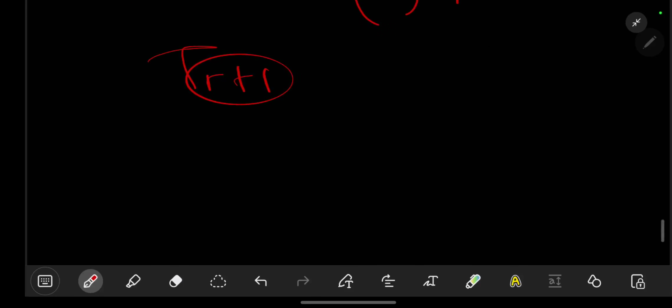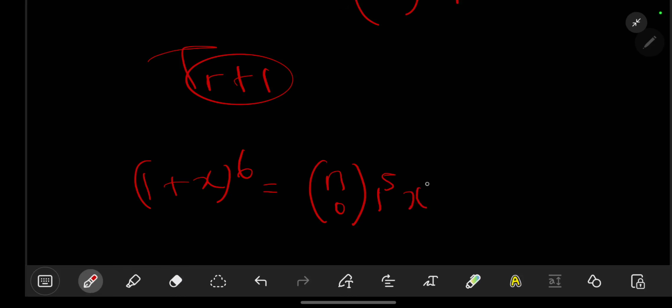For example, if you are expanding the binomial expansion (x + 1) to the power 6, you will realize that the first term will be n combination 0, then you have your 1 to the power 5, x to the power 0, plus you have your n combination 1 times your 1 to the power 4, then you have your x to the power 1. It's continuing.